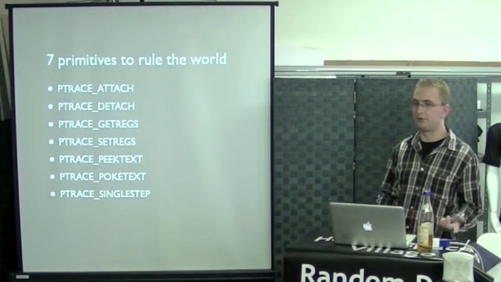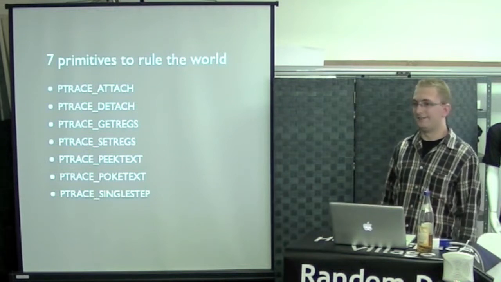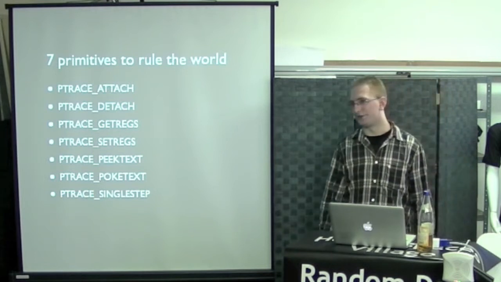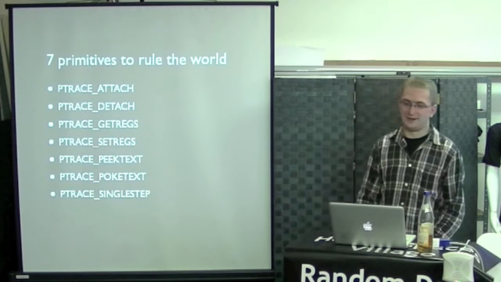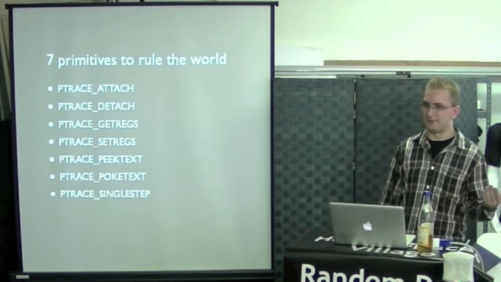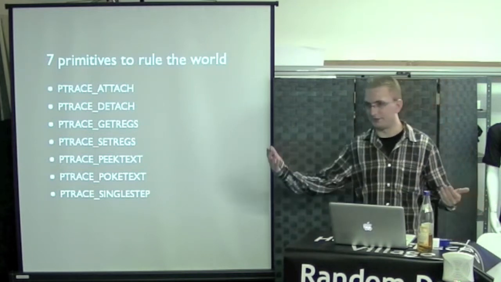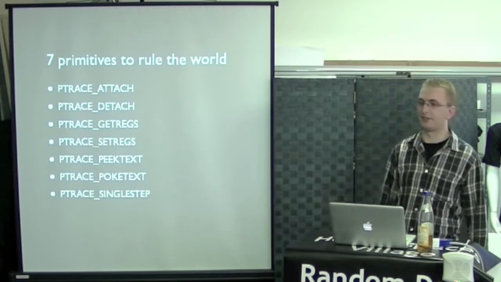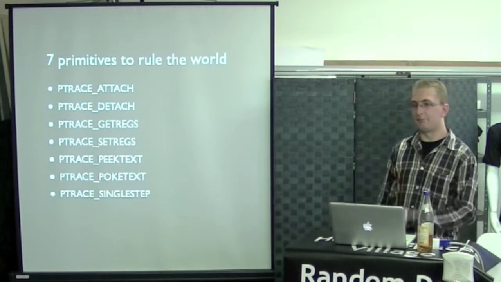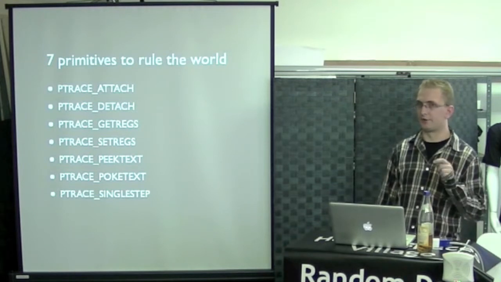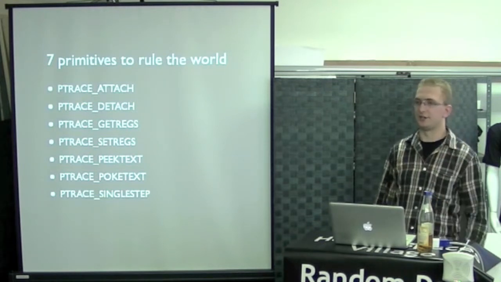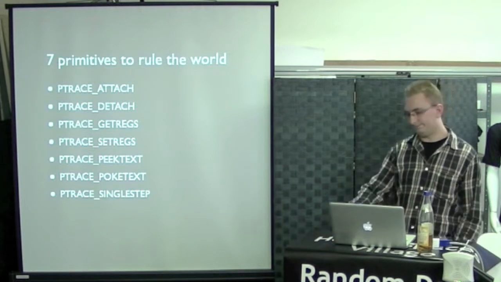Well, as you all probably know, peek and poke, maybe some of you had a Commodore 64 back then and are used to typing those sequences. But peeking is basically having a look into memory, and poking is basically putting something new into memory or changing something in memory. And then we have ptrace single step. Ptrace single step is useful to have a program execute a single instruction and then halt again.